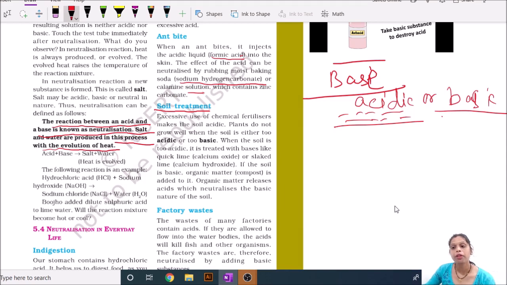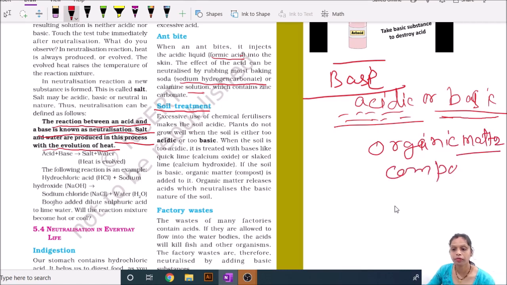And when the soil is basic, we put organic matter, compost, on that, and it neutralizes the basic character of the soil. Then we sometimes use the neutralization process for treatment of soil.